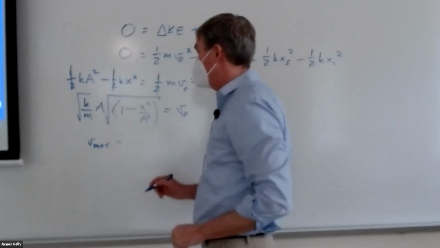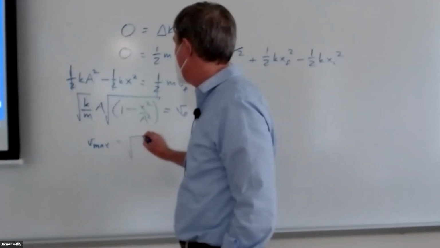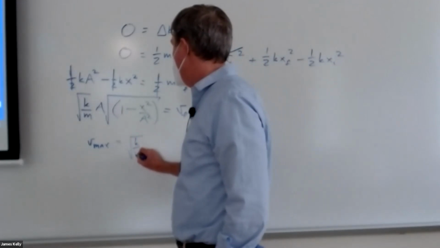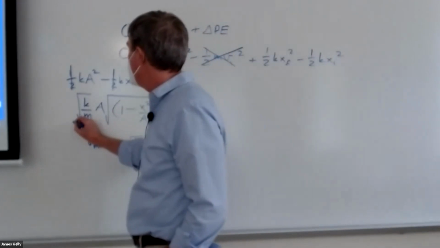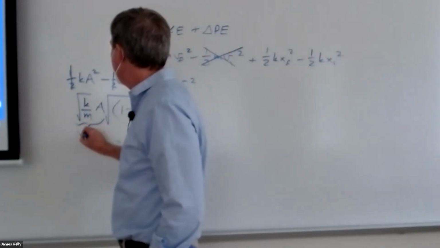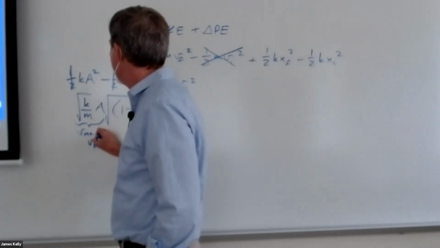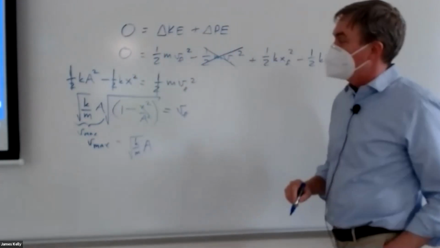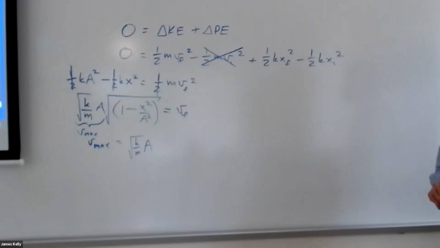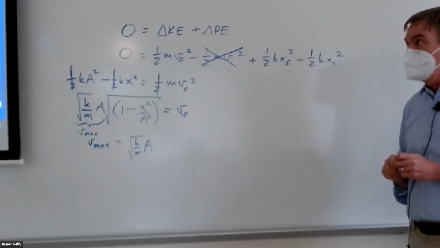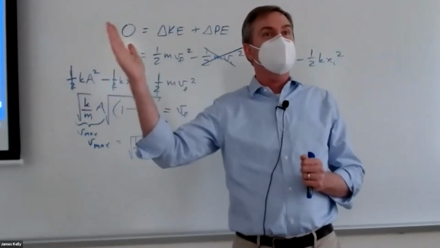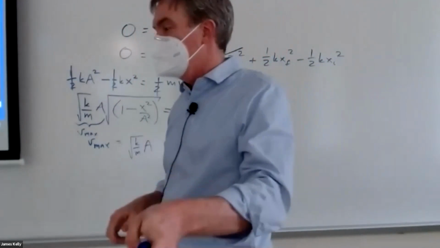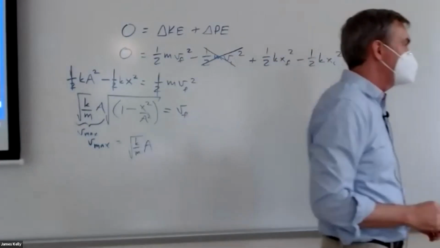So that whole thing turns into 1, and I get the square root of k over m times A. This thing sitting out in front, you probably saw in the book, they'll write sometimes as just V max out in front of that square root. So that's an expression that allows us to calculate the speed of a mass oscillating on a spring at any position in the oscillations.